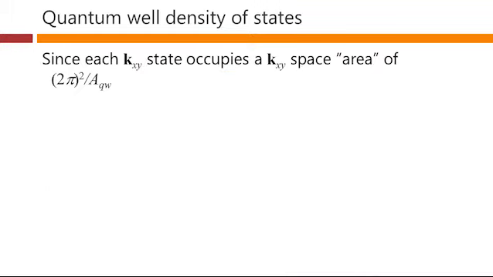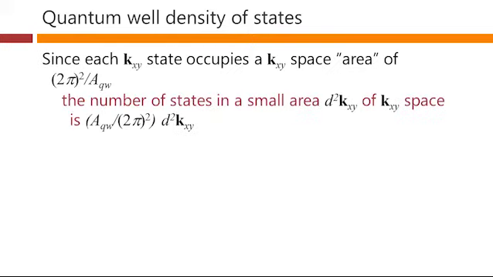Now, since each of these kxy states occupies this area of (2 pi)^2 over the area of the quantum well, the number of states in a small area, d^2kxy of kxy space, is just the inverse of this area taken up by one of the states multiplied by this little element of area. This is the same as we did in 3 dimensions. We're just doing it in 2 dimensions now.